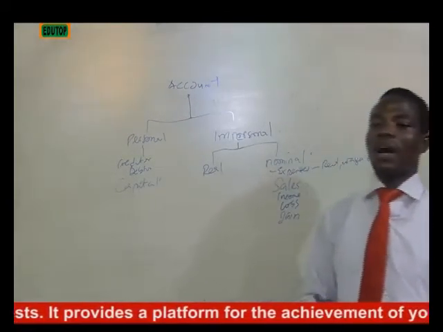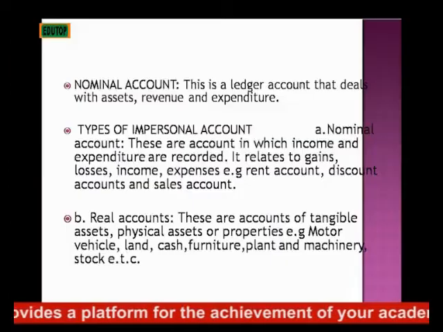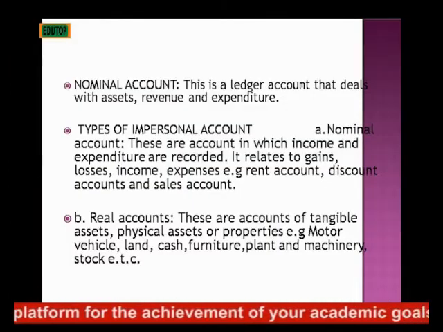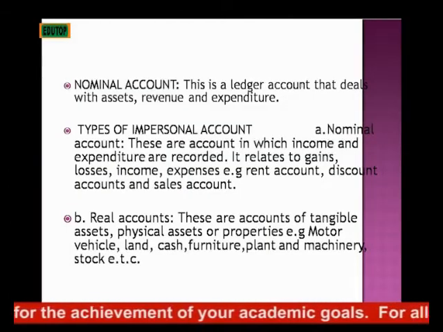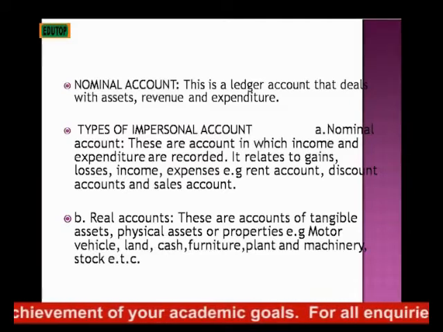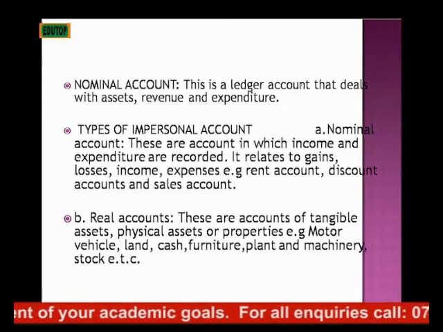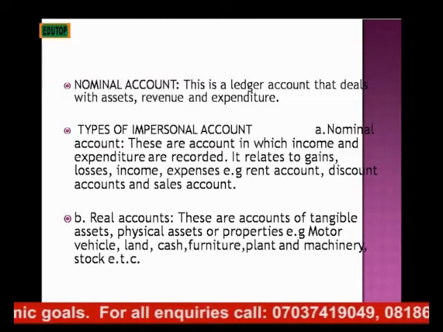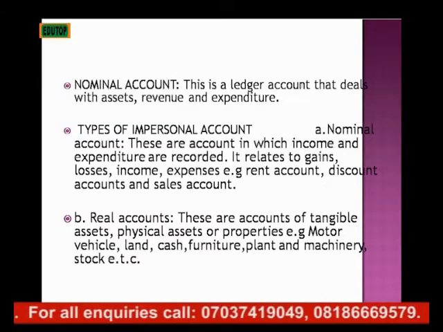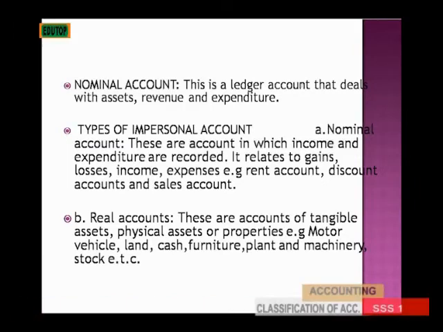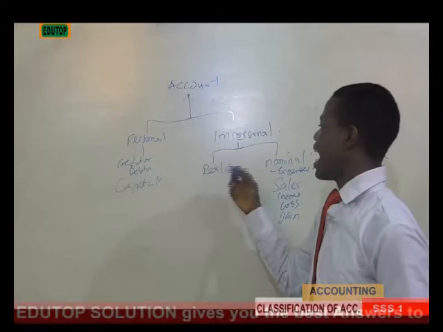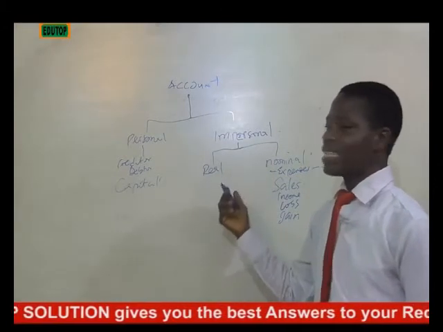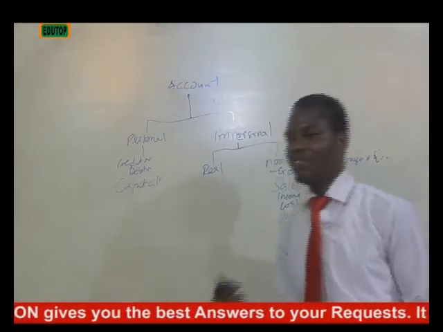Now we'll be talking about real account. Real accounts are accounts of tangible assets, physical assets or property. E.g. we have motor vehicle, land, cash, furniture, plant and machinery, stocks, and so on. They are accounts that are tangible, that you can see physically.